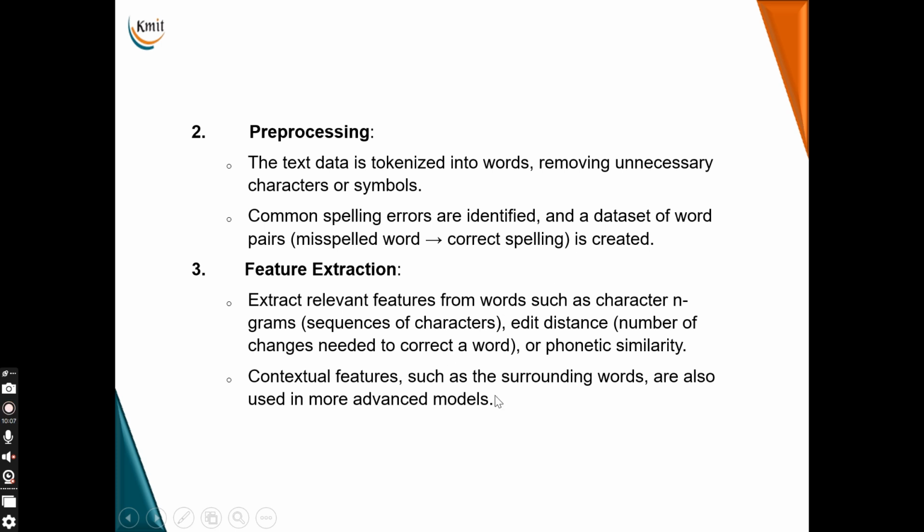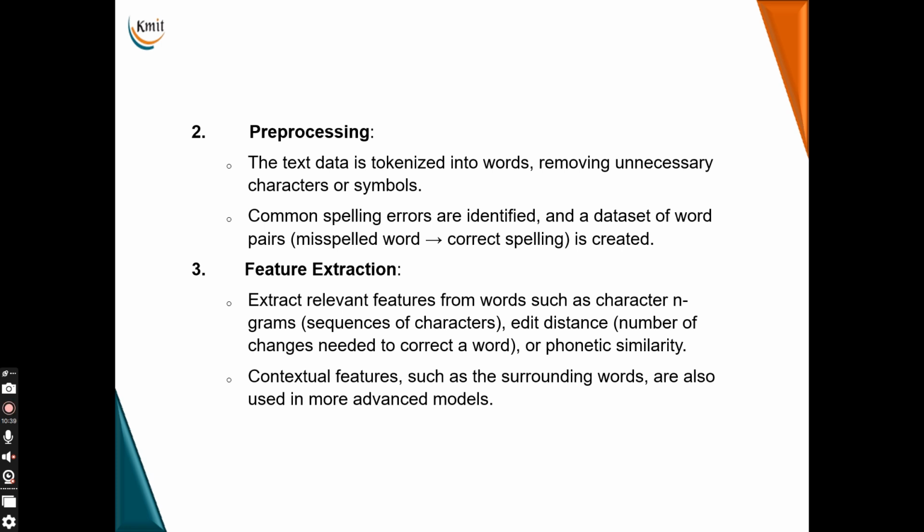This kind of ordered pairs are created. Feature extraction: extract relevant features from words such as characters, and it will also try to see the edit distance. What do you mean by edit distance? Whenever you are trying to correct a particular word, how many corrections are needed or how many characters are needed to be corrected in order to reach a correct word which will fit the context.